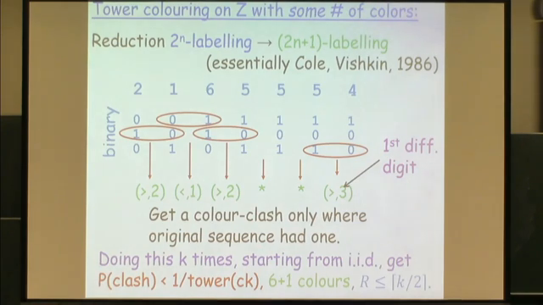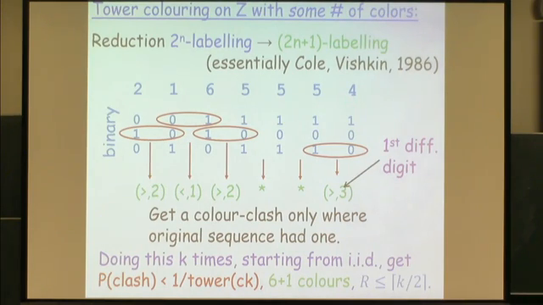So in particular, if you start with an IID sequence of numbers from some huge alphabet, and you do this reduction k times, then each time you take the log of the number of symbols, essentially. So do it until you have something like 6 colours, because at the end, if n gets really small, then this isn't a reduction anymore. At some point, 2 to the n isn't bigger than 2n plus 1. So with something like 6 colours, you have to stop.